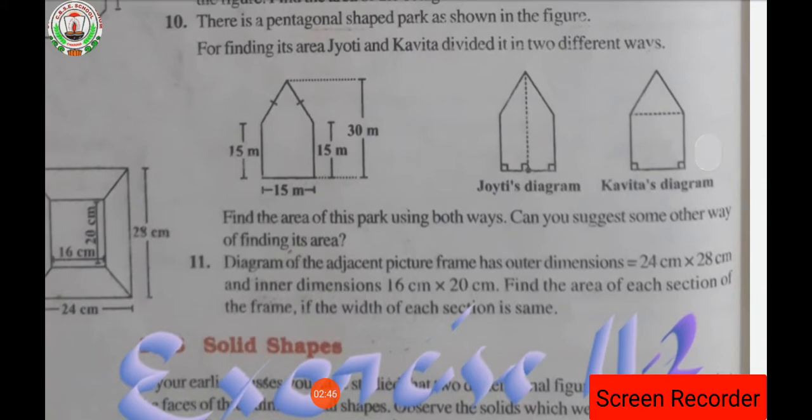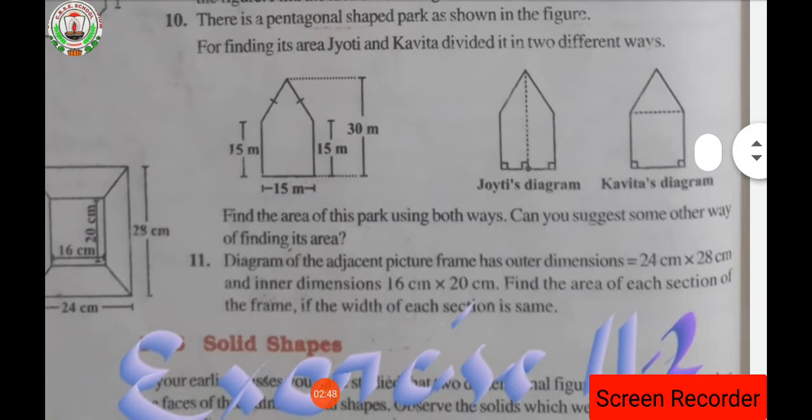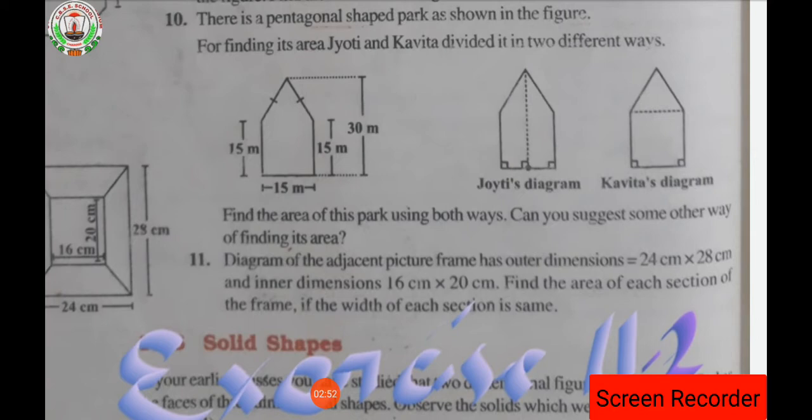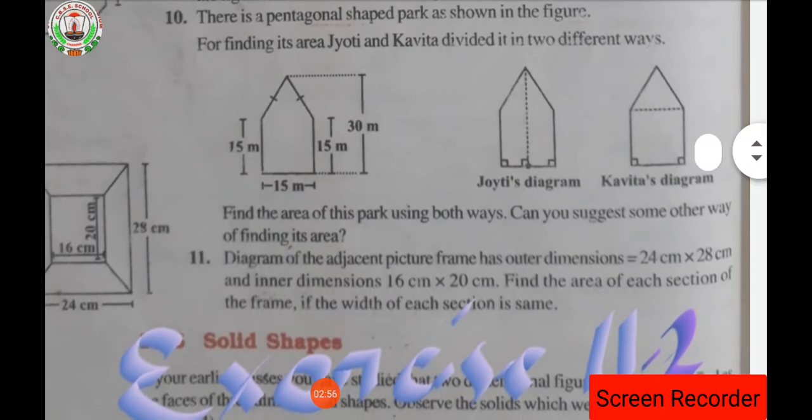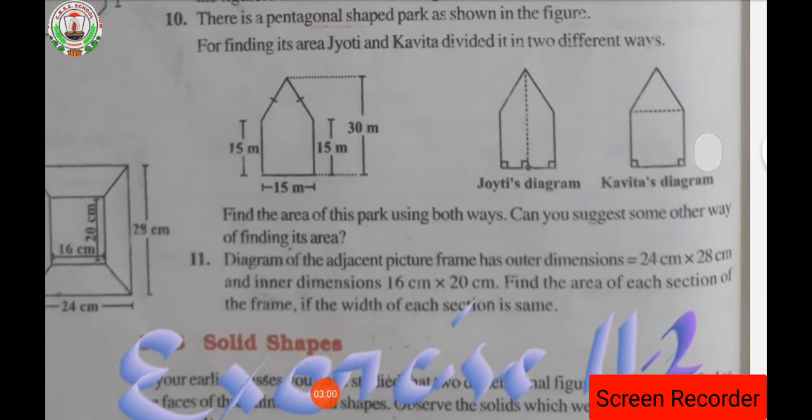We have to see whether the areas from both diagrams will be equal or not, and you have to suggest some other way to find its area. Let me make it very clear to students that of course you can find some other way or diagram to find its area, but we are not going to do that. We are only going to solve the main part of the question in this 10th question.